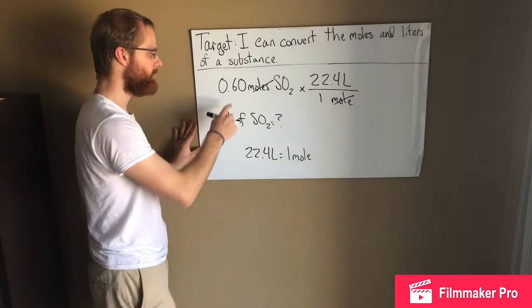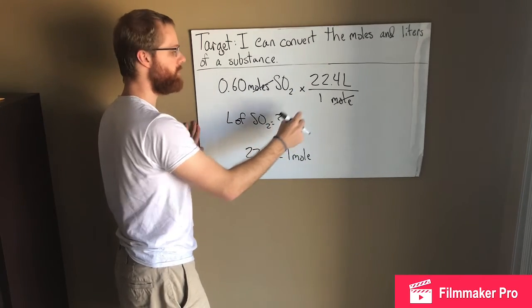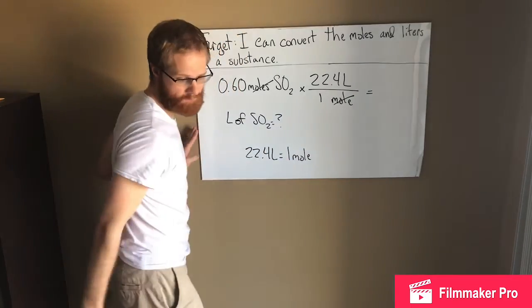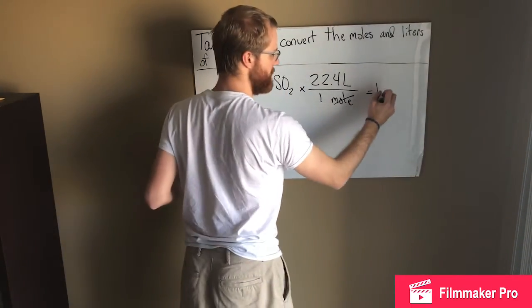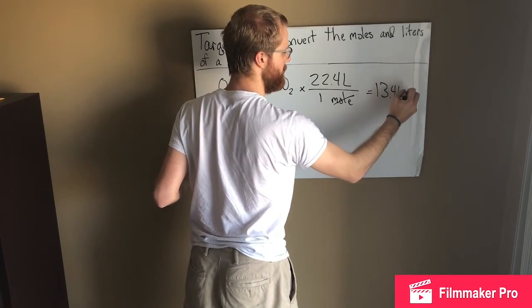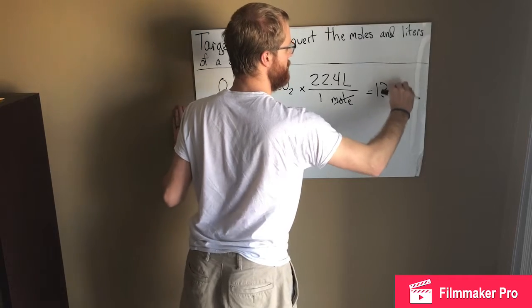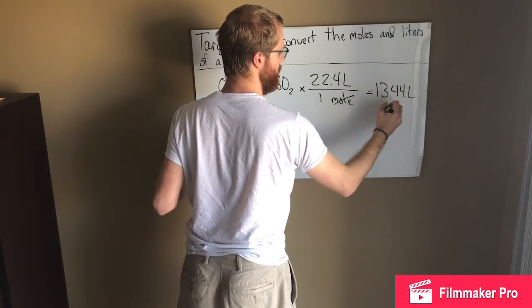And then all I have to do is take 0.6 multiplied by 22.4 divided by 1, equals my answer. When I punched these numbers into my calculator, I got 13.44 liters of SO2.